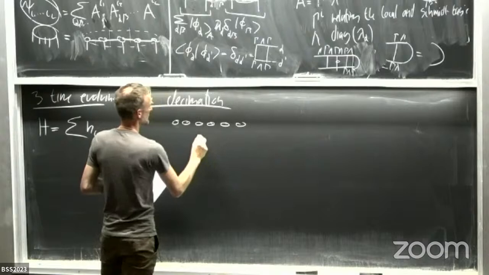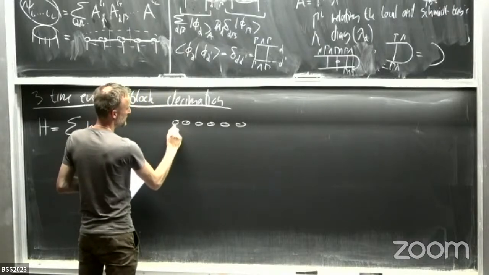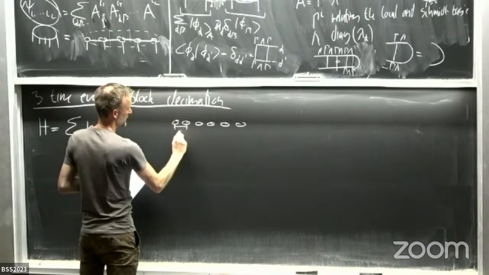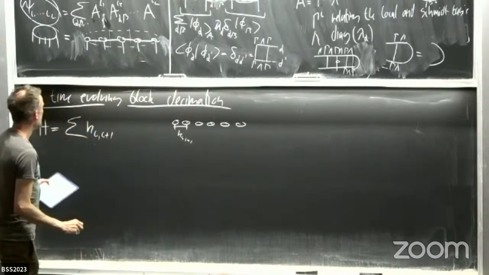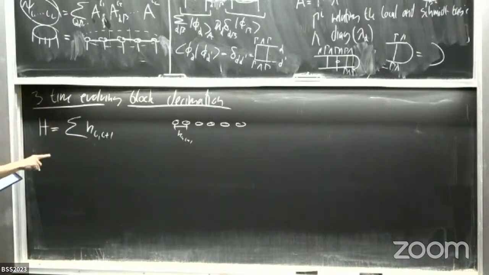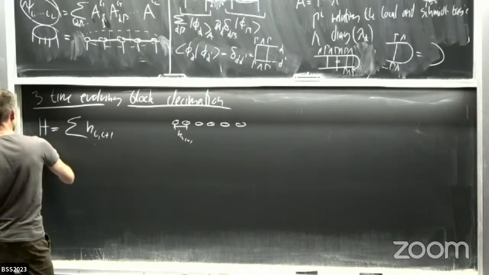So my Hamiltonian then acts maybe on these sites like i and i plus 1. And if I have a Hamiltonian of this form, I'm now interested in expressing my time evolution operator, right? So now what I want to calculate.